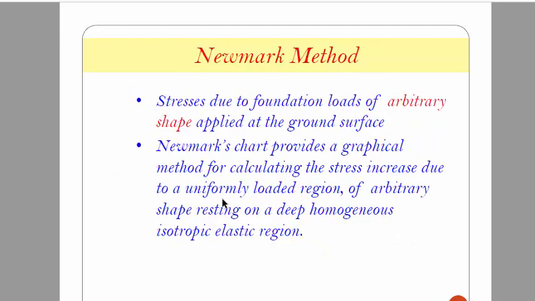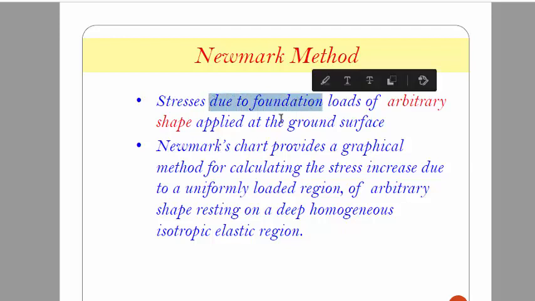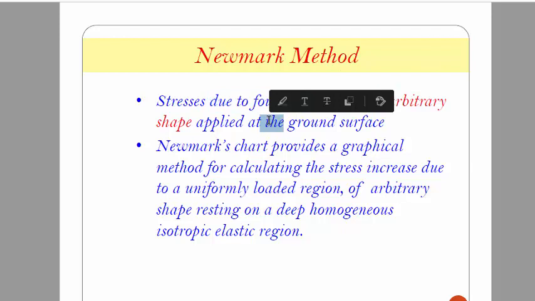And the next and last topic is Newmark's method. So what is Newmark's method? Basically, it gives the stresses for a foundation of arbitrary shape. Suppose the stresses are not in rectangular form, not circular, not a point load, strip load, or any specific kind of load.